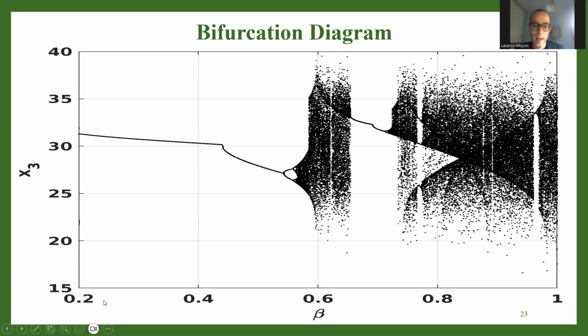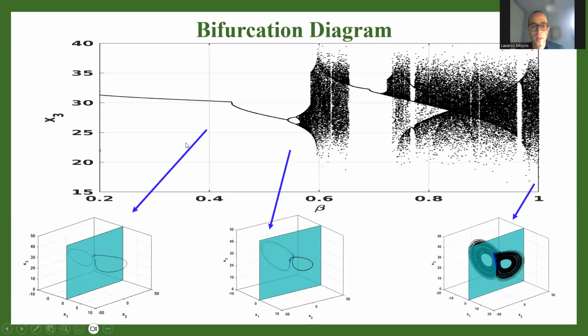Here, beta on the x-axis is the parameter under study, and on the y-axis, we have the points of intersection with the plane x1 equals 0. Okay, and for these intersections, we plot x3. So what does this tell us? Okay, it looks beautiful, of course, but let's look at it more carefully.